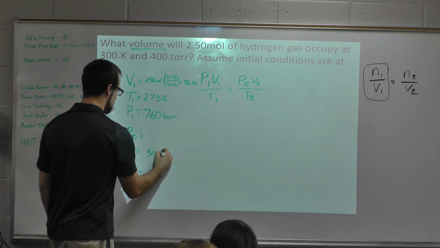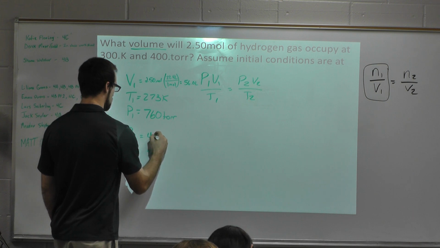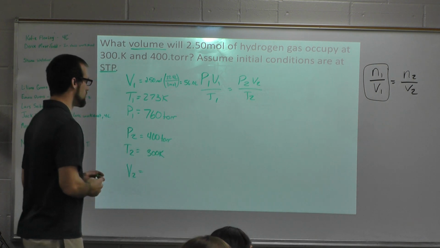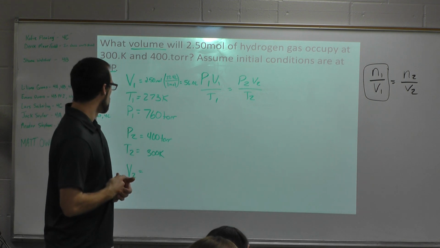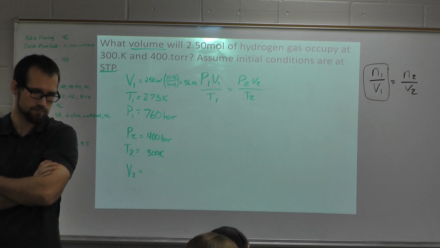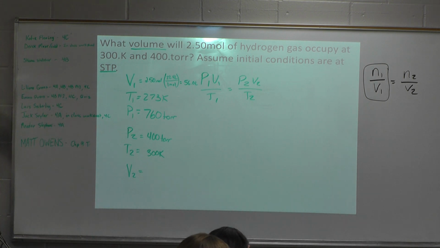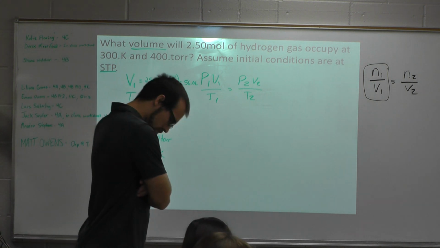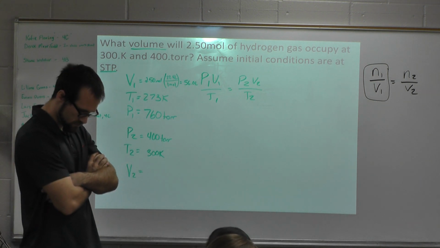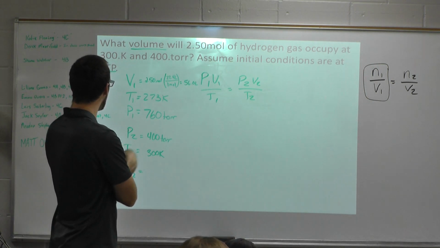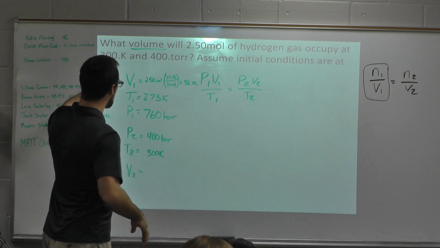Go ahead. Let's see if we'll get it. Why is P 760? Because it's standard temperature and pressure.